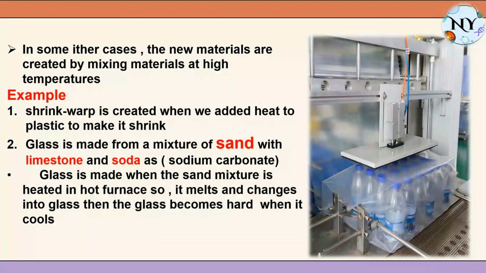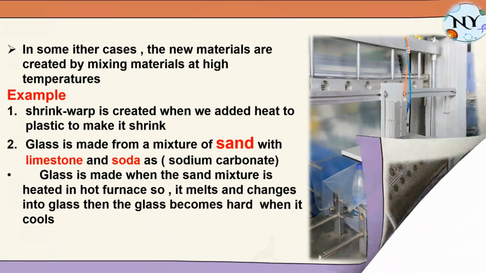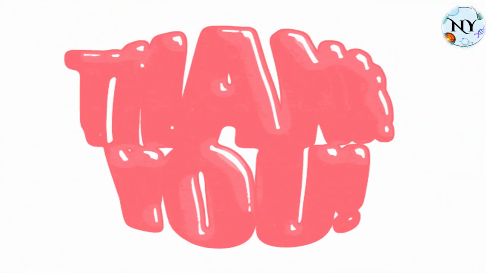Soda here is a chemical substance called sodium carbonate. When we mix all of these materials together in a hot furnace or oven, they melt and change into glass. Then the glass becomes hard when it cools.